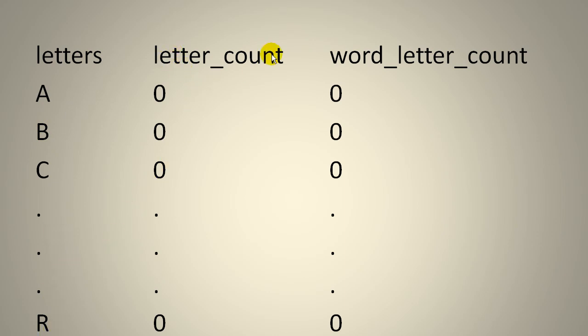And then I'm going to have another array called letter count, and that's going to be my overall letter count for the total number of letters I need. And then just to keep things straight, I'm going to have a third one called word letter count. So I'm going to count the letters in each word, and really in this case I'm saying word, but I mean month.